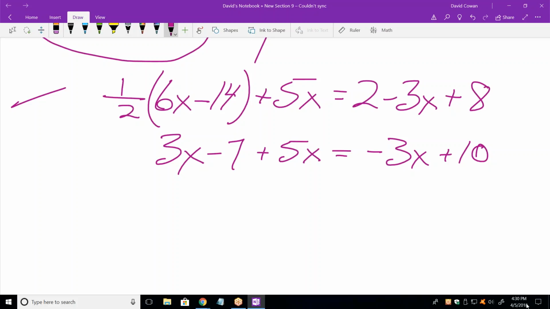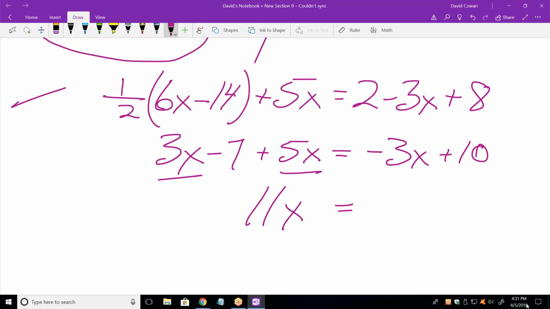No, when you're adding x's, it's like adding apples. I got 3 apples and 5 apples. I got 8 apples. I'm not multiplying. If I'm multiplying, then I get x squareds. But it's 11x. Okay, that's how many x's I end up with on the left side.